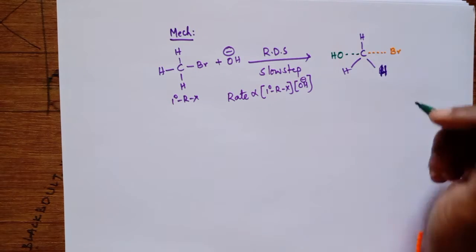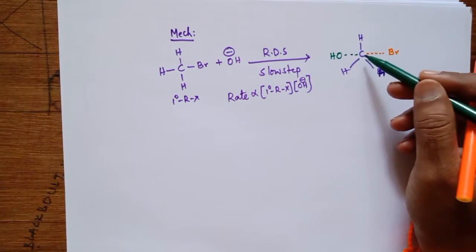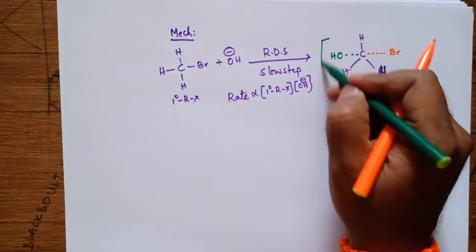Simultaneously means one is going out, and at the same time the other one is adding to this carbon. So this carbon is pentavalent.